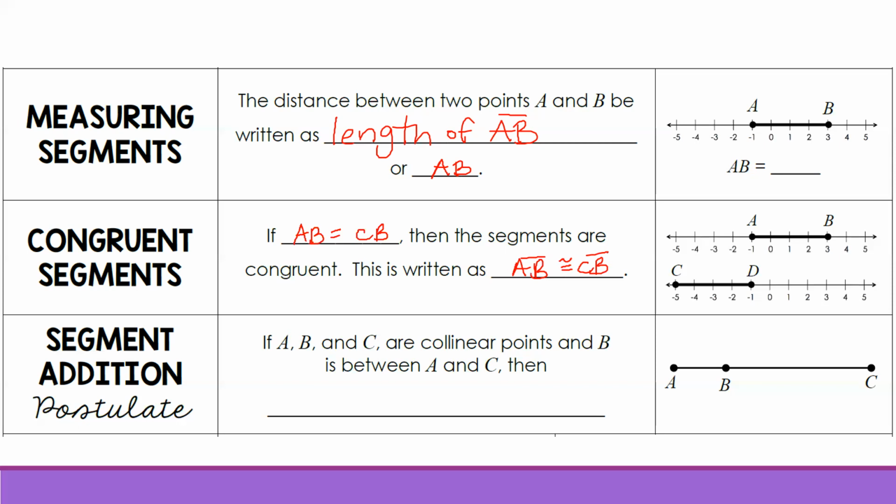And we're really going to be covering a lot of segment addition today. Segment addition says if you have two small segments and you put them together, then you'll have one larger segment. So if I say that I have a small segment AB and I have another small segment BC, and I add them together or I put them right next to each other, then they're going to make one bigger segment AC.